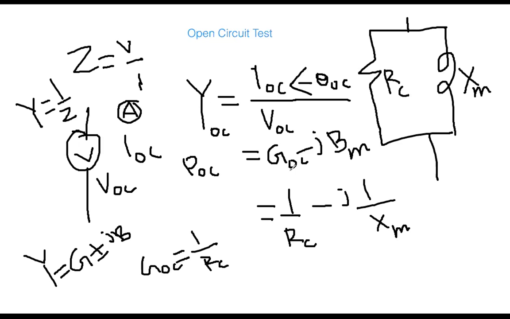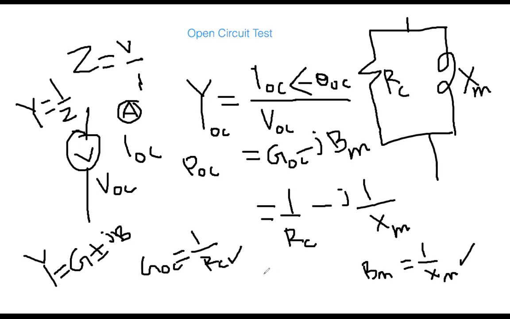Because you are getting a real number here, you get RC from there, so you are done with this one. Similarly, your BM equals 1 over XM. Because you know this value, you get XM from there. So you are done. Could you follow me, everybody?